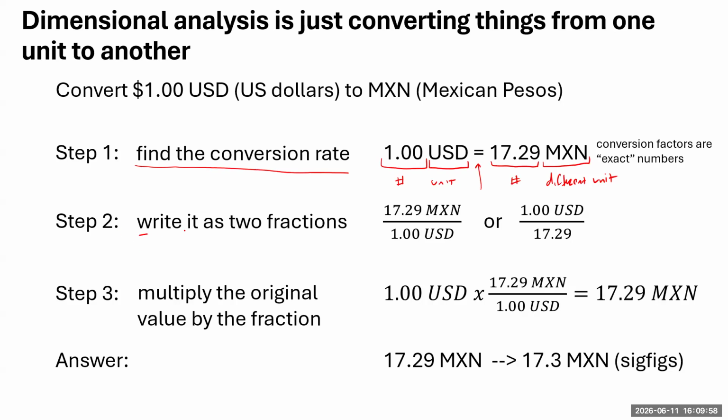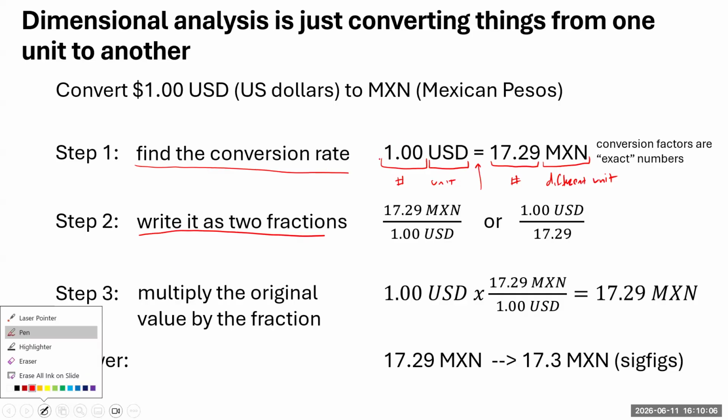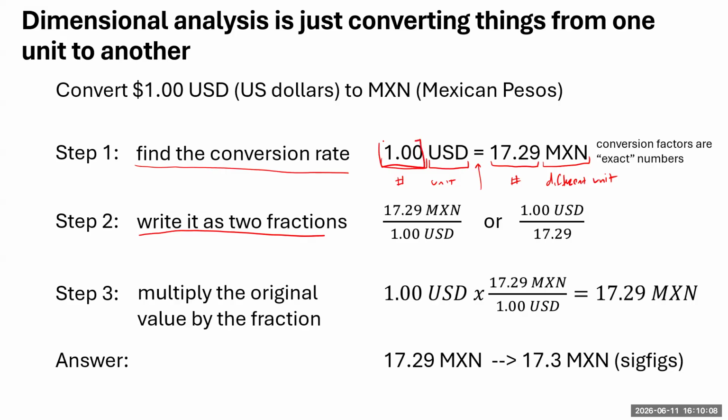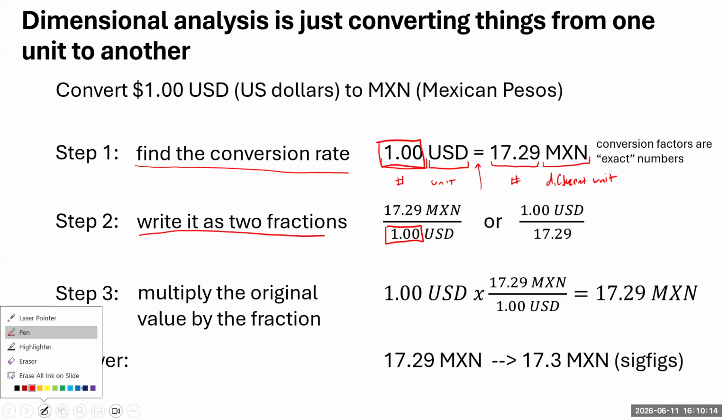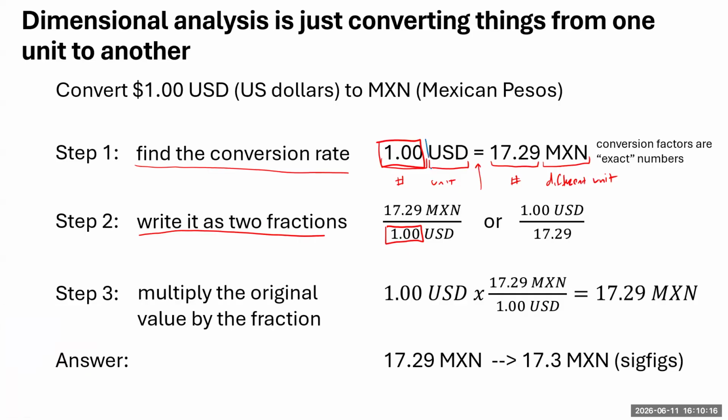Okay, so step 2, write it as 2 fractions. Here I took 1.00 and put that on the bottom. I'll try to do this in color to see if we can keep it there. Let's do a different color for US dollars. This is a fraction, right?